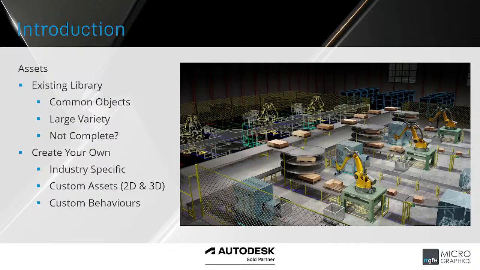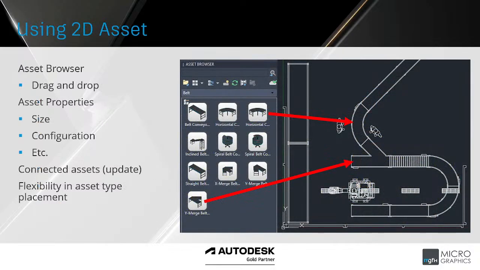So in a nutshell, the factory design utilities, when it is installed as part of, let's say, the product design and manufacturing collection, bolts on these asset libraries that are available both in AutoCAD and in Inventor, and they are linked. So we'll see here basically the asset browser that is available in AutoCAD.